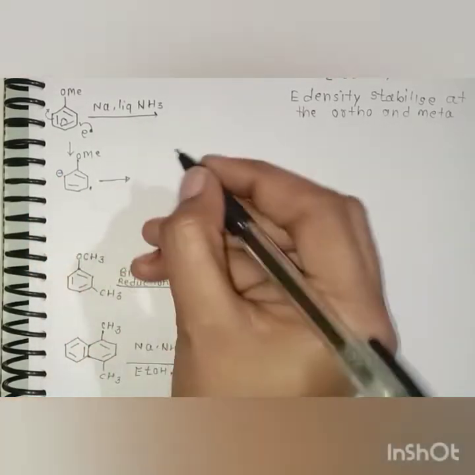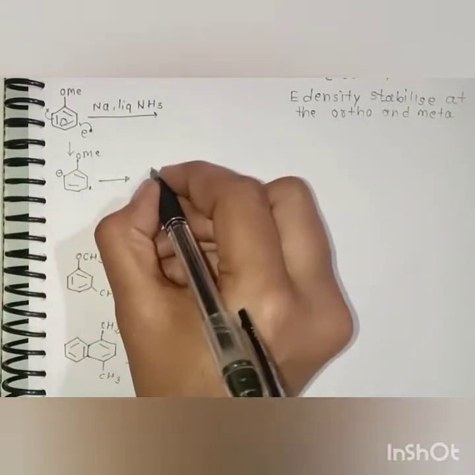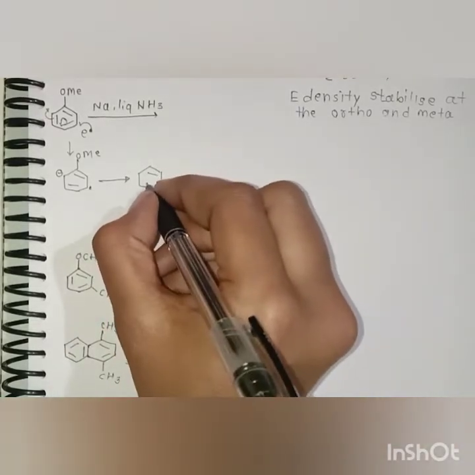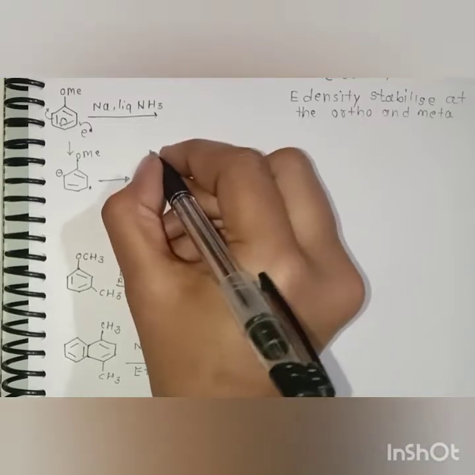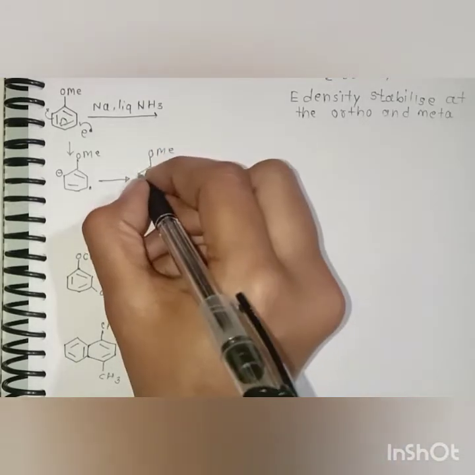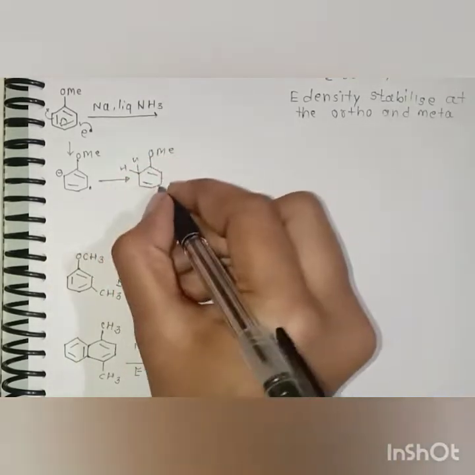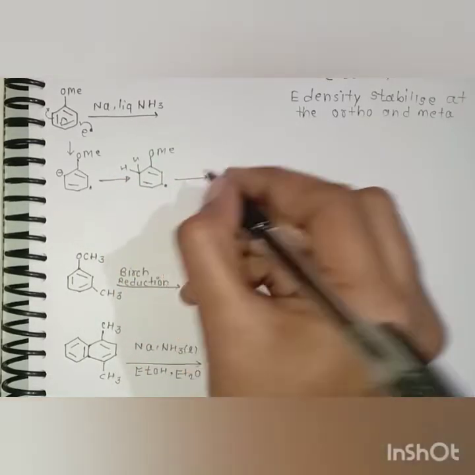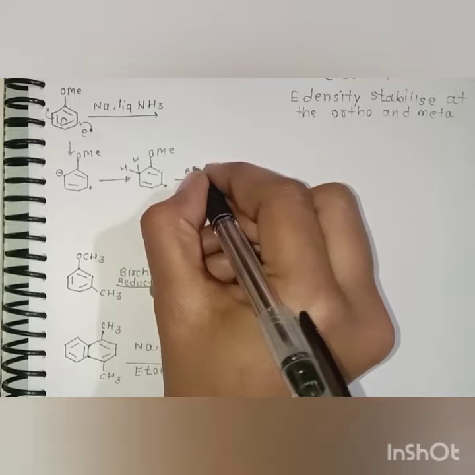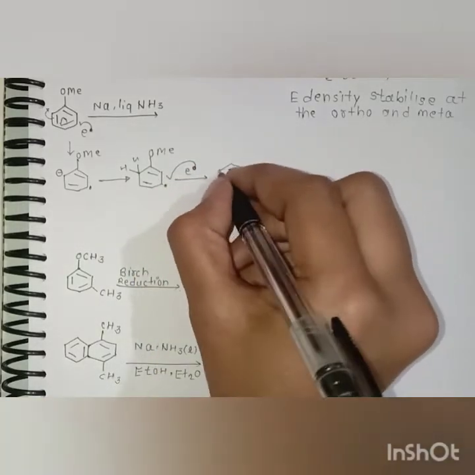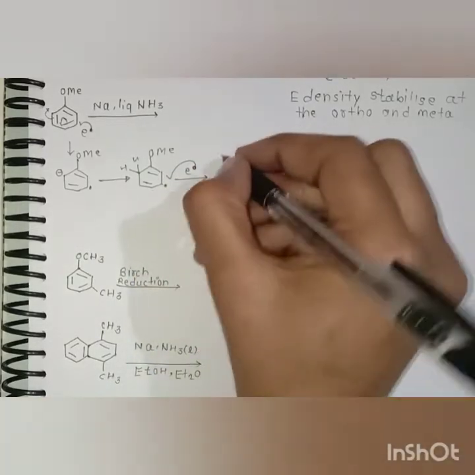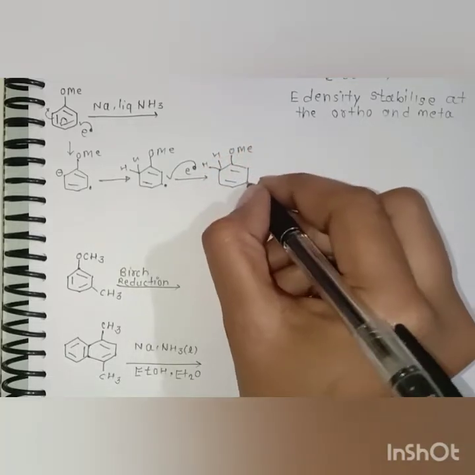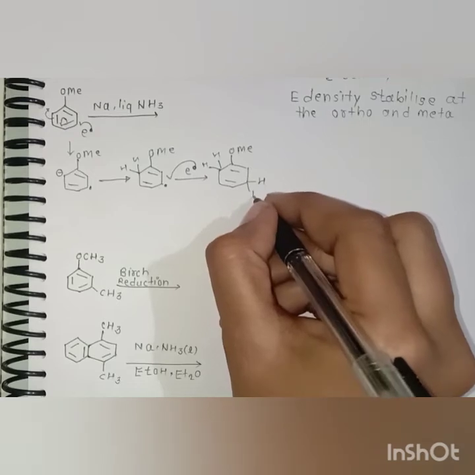Now this negative charge takes proton from the proton source and we get this. In the next step, again the sodium donates an electron and we get this.